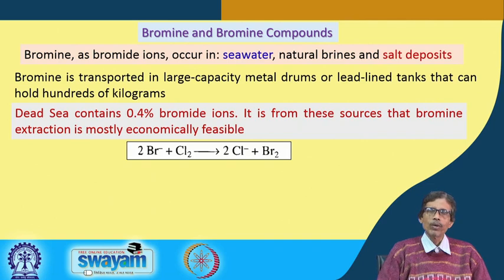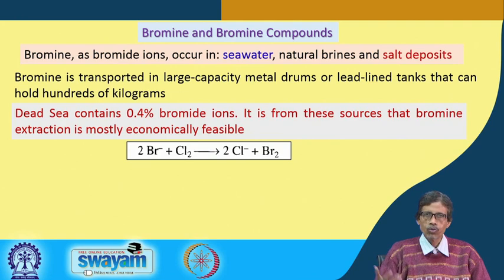So, chlorine gas will function as the oxidizing agent, as we have seen in our previous class, that we have to produce chlorine gas industrially also. So, that industry is also very helpful to produce bromine for us industrially, if we have a regular supply of seawater, natural brines or salt deposits for this reaction.